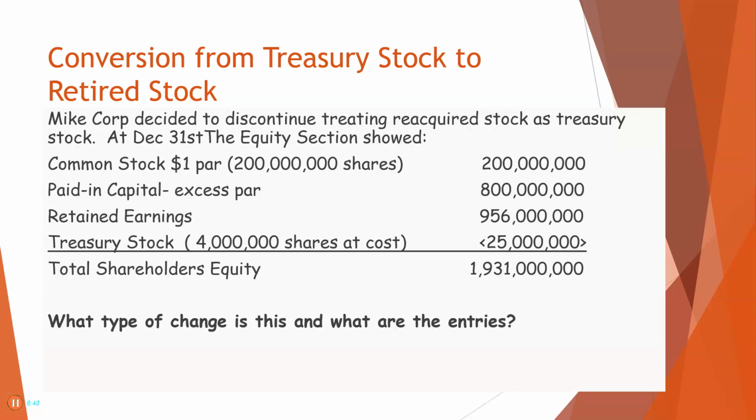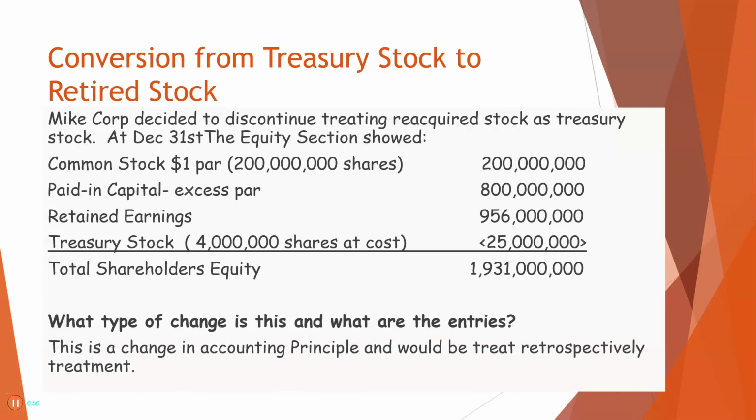We want to get rid of that line item on our balance sheet. So what do we have to do? Remember, this is considered a change in accounting principle and would be treated retrospectively, which means we'd have to go back and change 3 years, which is what usually appears on the financial statements.